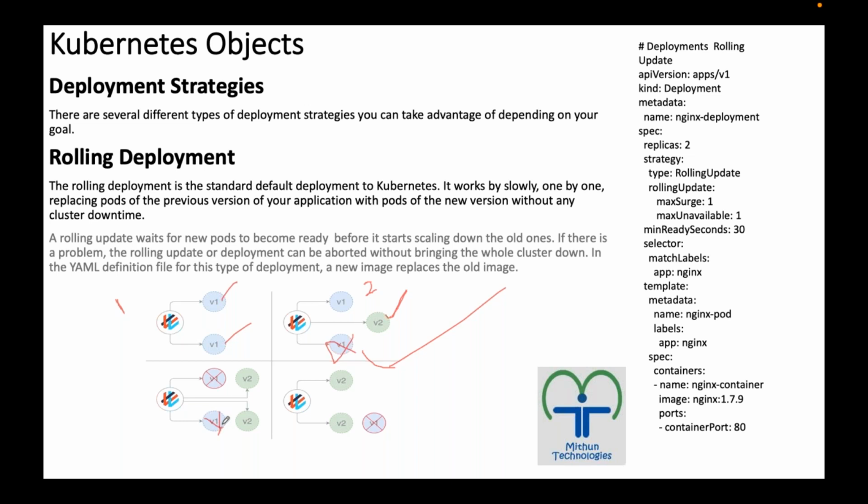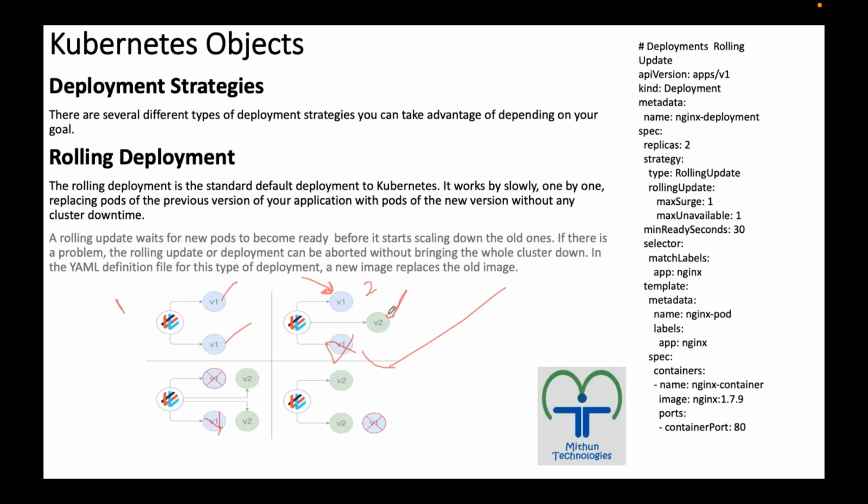If your deployment is not successful in a rolling deployment, it is not going to delete this one. So at least I still have some pod. Even though my deployment failed, one old pod may be down, but we still have one more pod. This will never be removed.